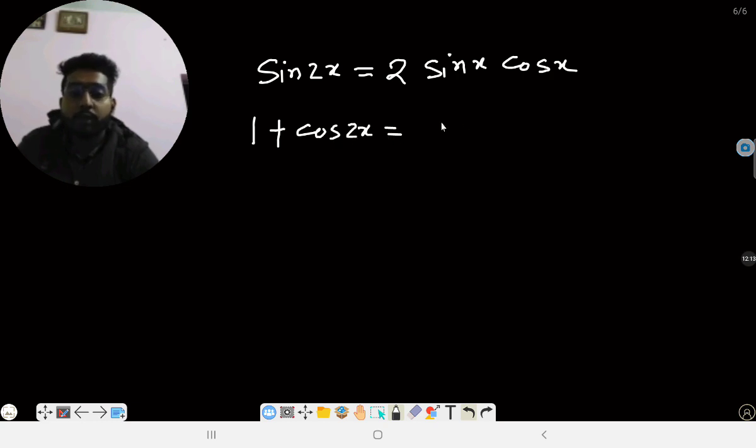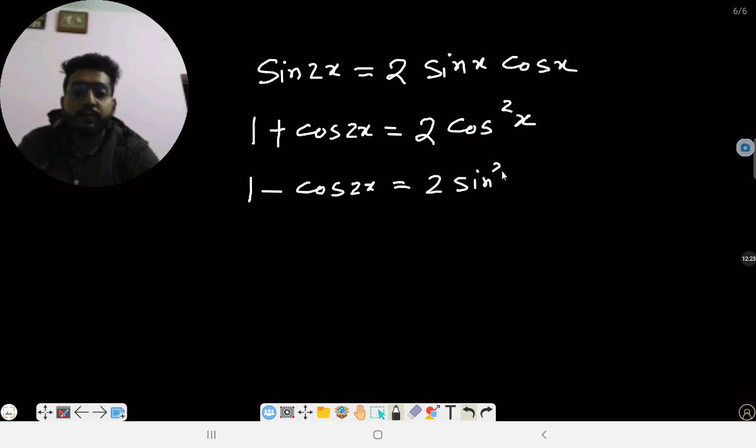Again this is very important. This will be 2 cos square x, and next one is 1 minus cos 2x, that is 2 sine square x. So whenever there is a plus, that will be cos square, and whenever there is a minus, we can say this is sine square. So we have to remember these 3 formulas. That is very important for this chapter, that will be needed.